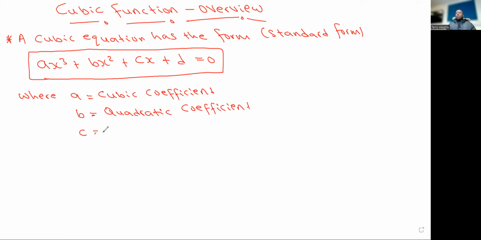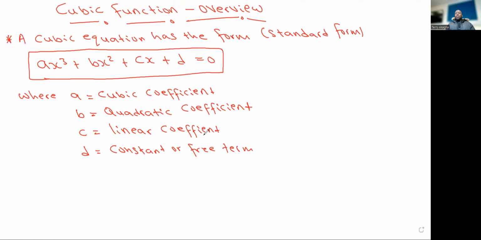The c represents the linear coefficient, okay? And the d is equal to the constant, and in some textbooks we call it the free term. So you can say constant, you can say free term, it means the same thing.